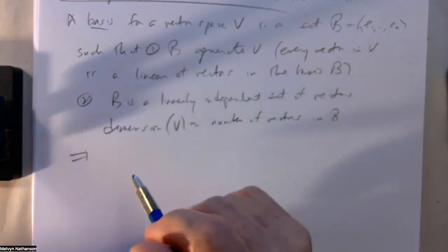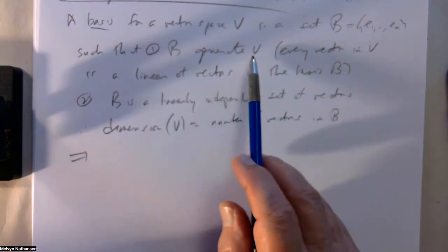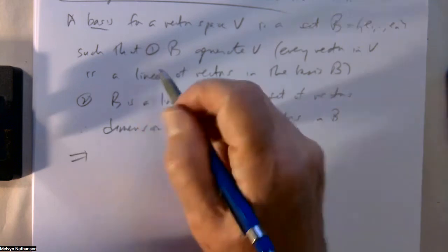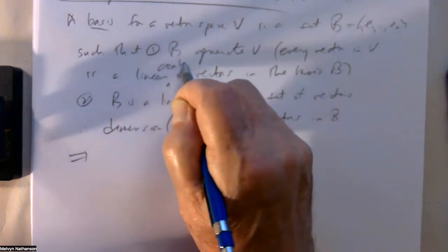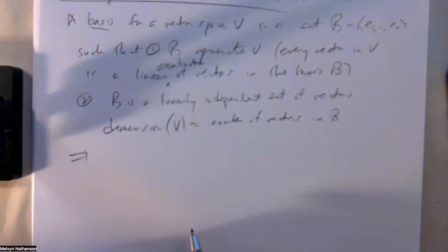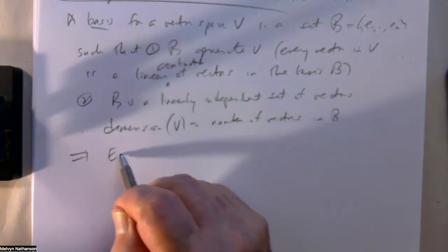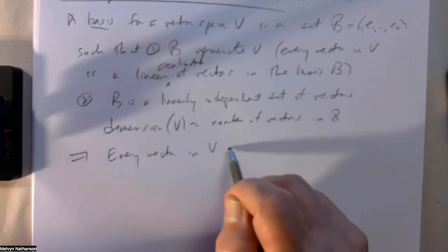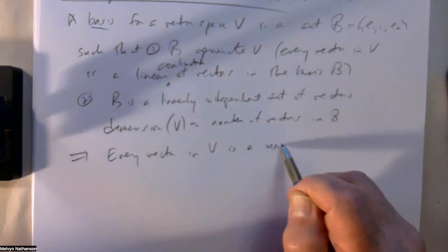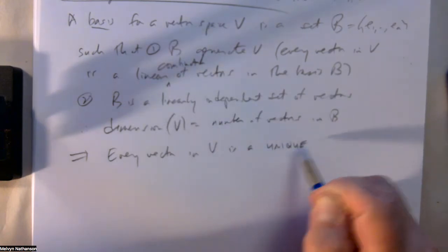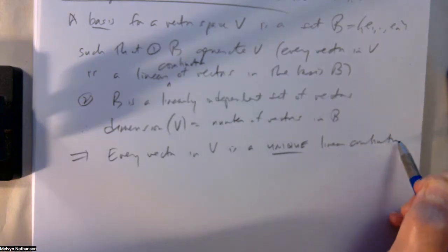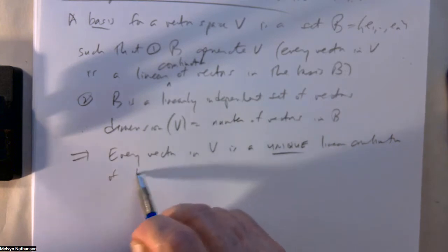And a consequence of this is not only that every vector in the vector space is a linear combination of vectors in the basis, but every vector in V is a unique linear combination of basis vectors.